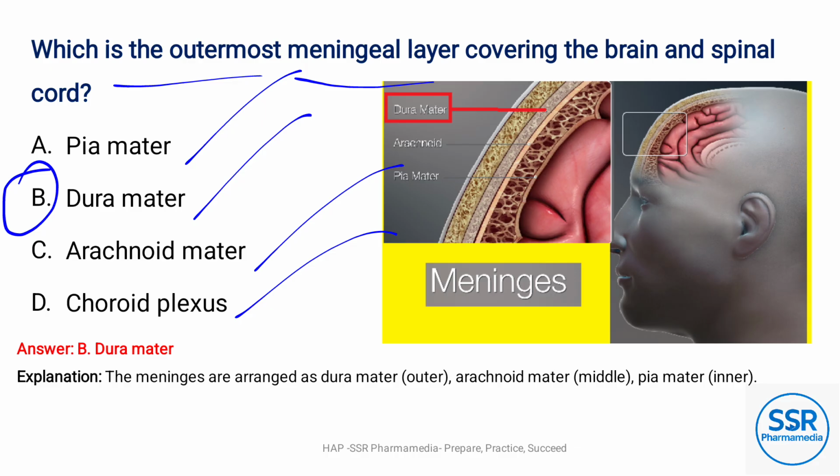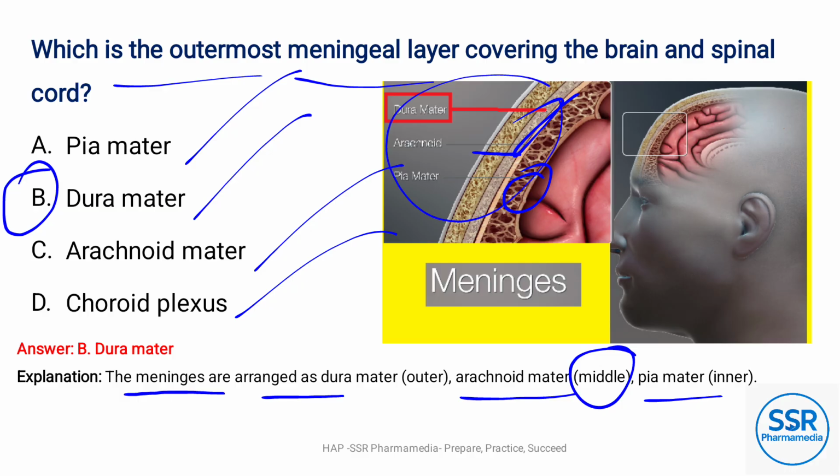The dura mater is the outer layer of the brain, the arachnoid mater is the middle layer, and the pia mater is the inner layer. All together they are called meninges.